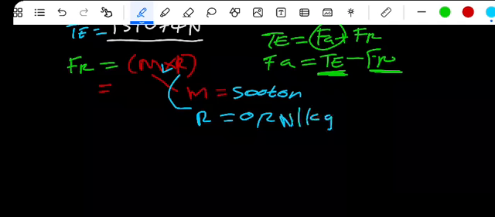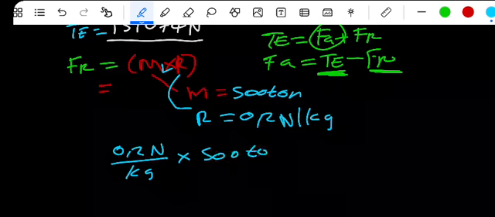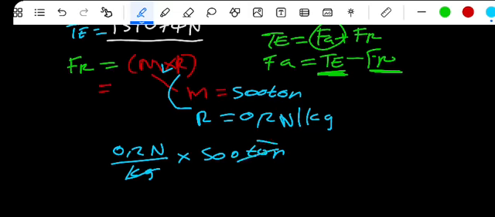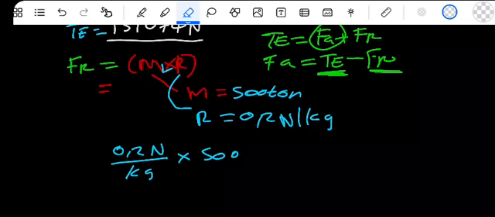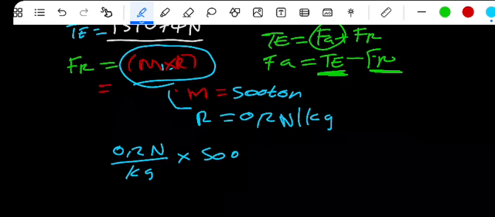Note, if we are multiplying this 0.2 Newton per kg by 500 tons, the kg will cancel. Convert this or convert that, it's up to you, but let the SI units be the same. Don't just multiply because the formula says multiply. Check your units. Tons is the same as times 10 to the power of 3, which gives kg.